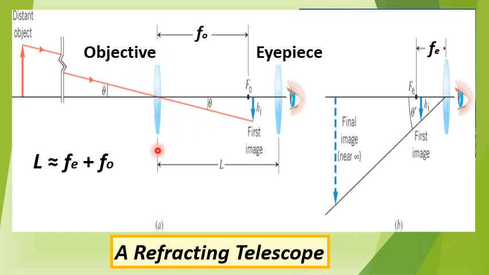And the length, capital L, of the refracting telescope is nearly equal to the distance that separates the two lenses. That is, it is approximately equal to the sum of f sub E and f sub O, or the focal length of the eyepiece plus the focal length of the objective.